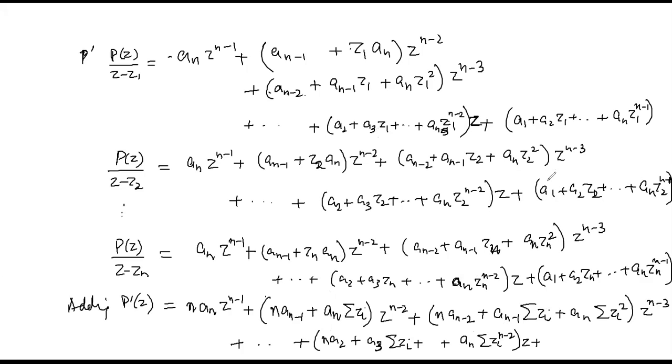There is not enough space here. Then I should again have n times a1. Let me write here n times a1, plus then I have a2 into summation zi.